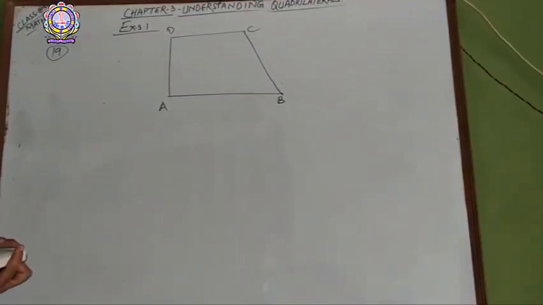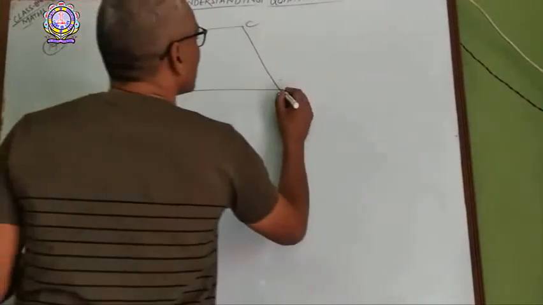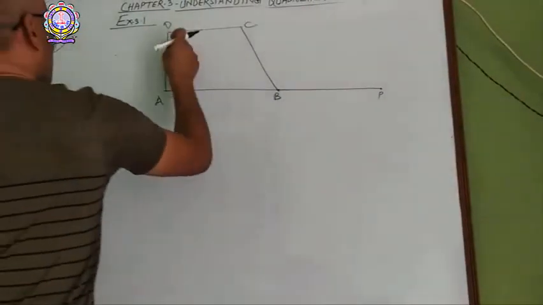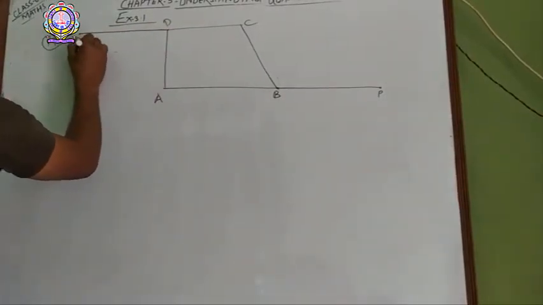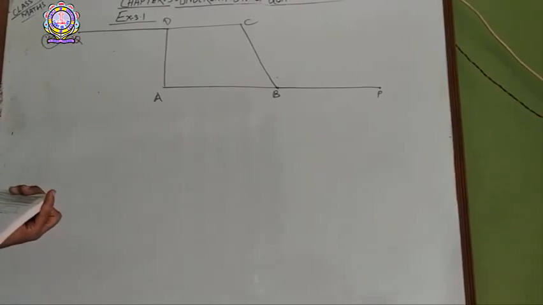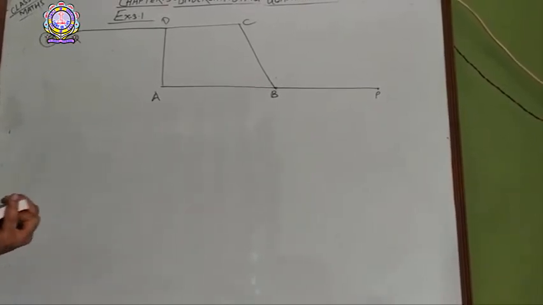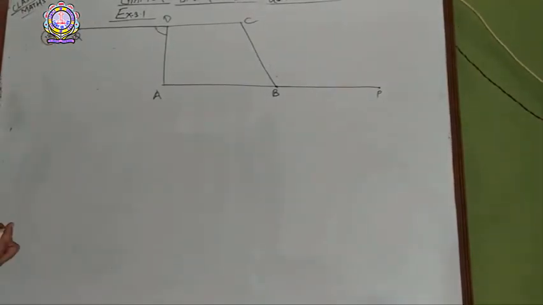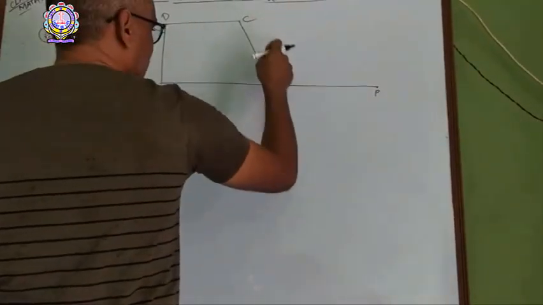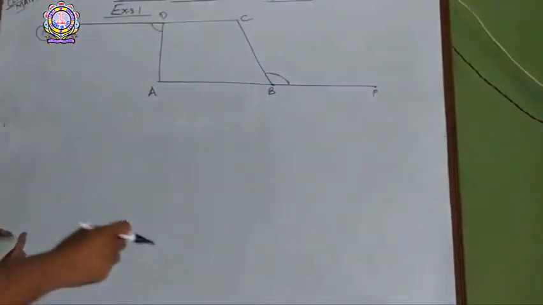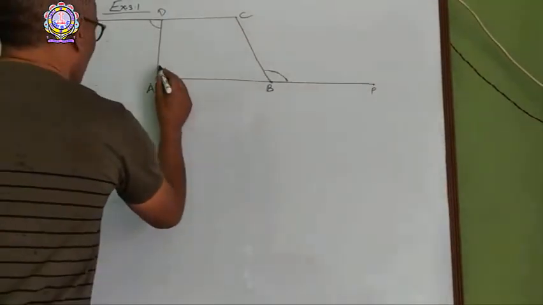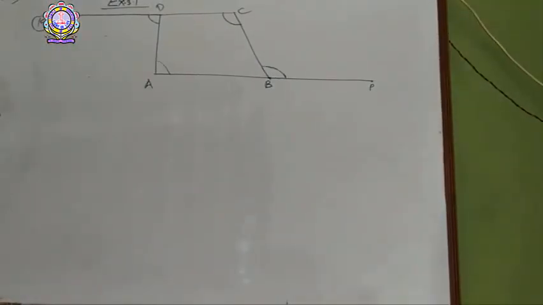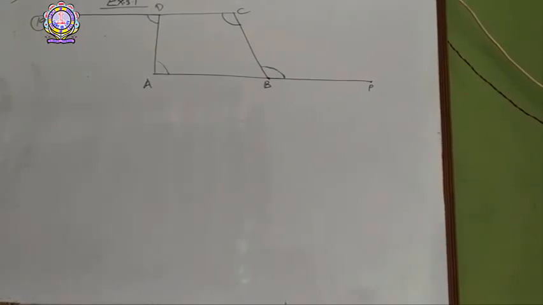The sides AB and CD of a quadrilateral: AB is extended to P and CD is extended to Q respectively. Prove that angle ADQ plus angle CBP is equal to angle A plus angle C. Give reasons.